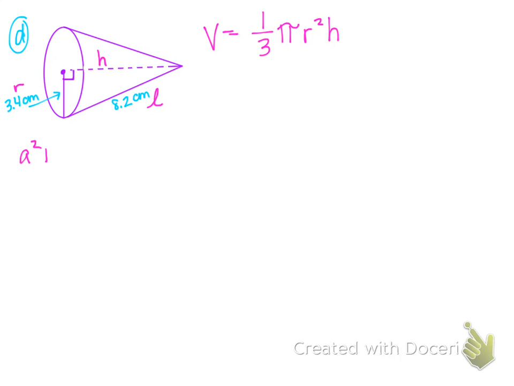If you notice, you're going to use the Pythagorean theorem a lot. So I'm going to pick 3.4 as my a, plus little b squared, which is my height, and that's equal to 8.2 squared. So 3.4 squared is 11.56. 8.2 squared is 67.24.